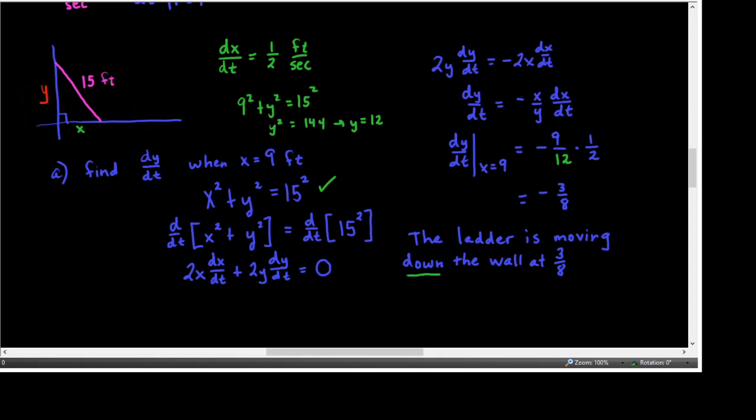So rates at which you're moving, like going from Dallas to Fort Worth or Fort Worth to Dallas at 50 miles an hour, we're not going to say going one way is positive and the other way is negative. The speed at which we're moving is what is important, and the word down tells us which way. And so that picks up the negative. And dy/dt, since y is measured in feet as well, and t is in seconds, so that's going to be 3/8 foot per second.